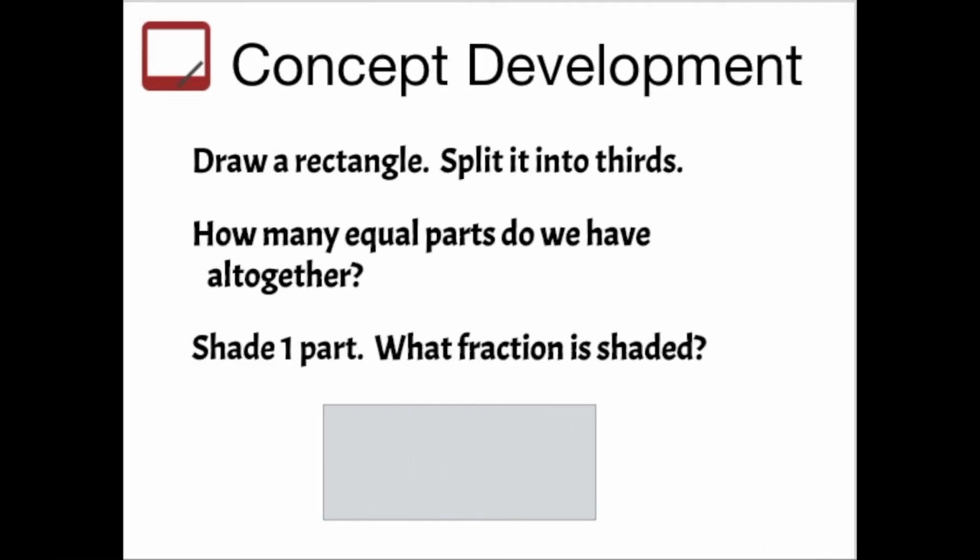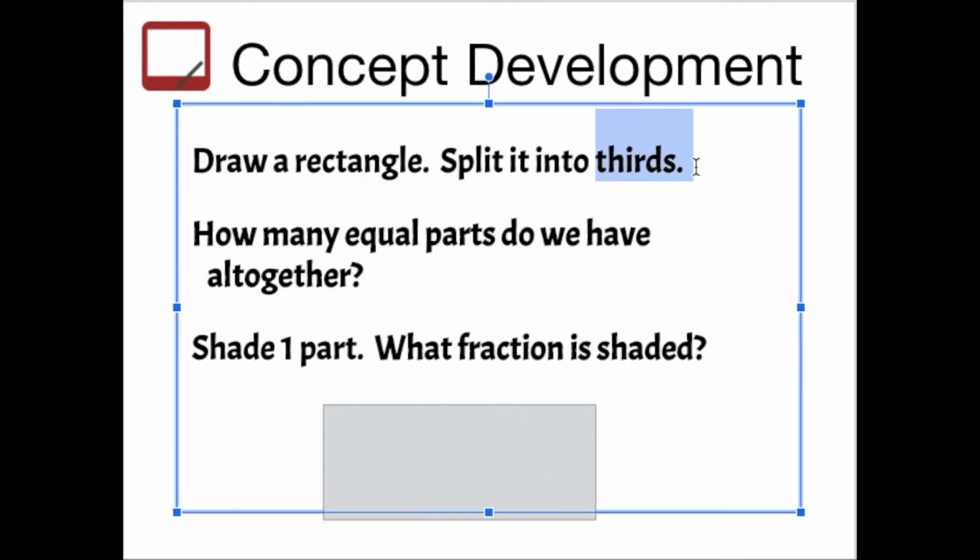I'm going to now ask you to draw your own rectangle. I'm going to ask you to split it into thirds. How many equal parts do we have all together? So if I have a rectangle and I'm splitting it into thirds, I'm splitting it into 3 parts.